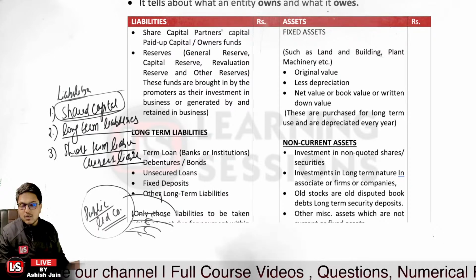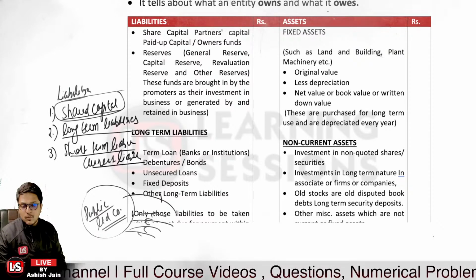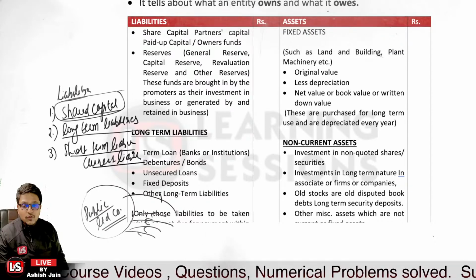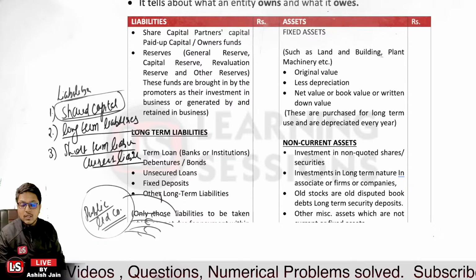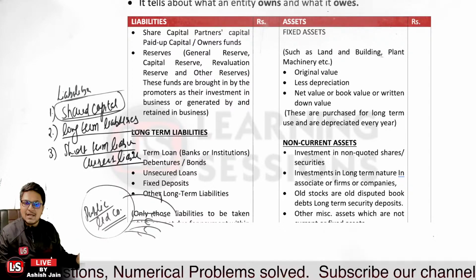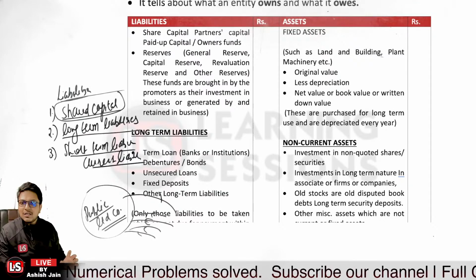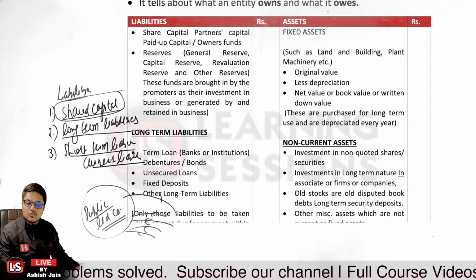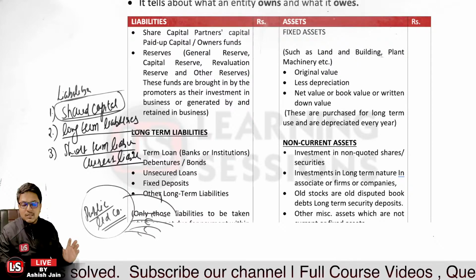If there is any asset which is going to change from one form to another in the next 12 months, that will be the current asset. But if it is not a current asset, whatever investment has been made will last for more than 12 months.